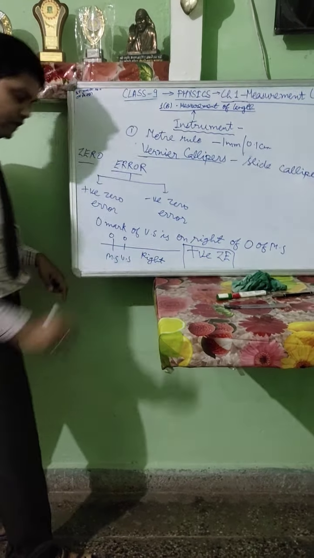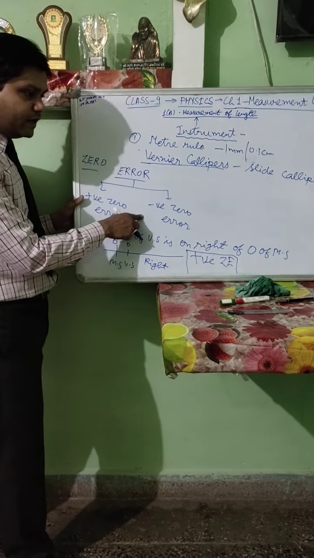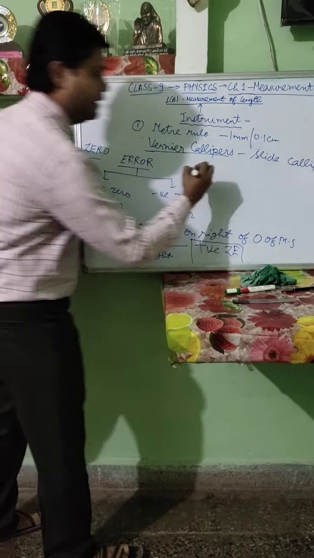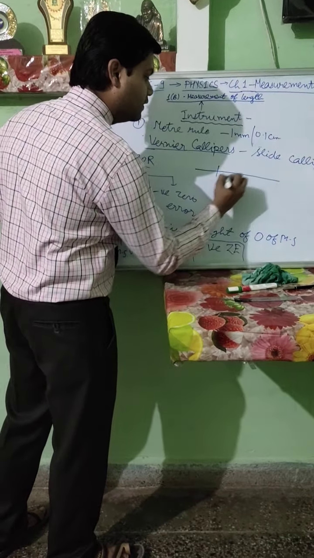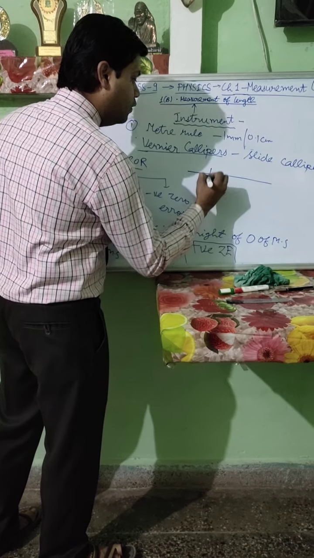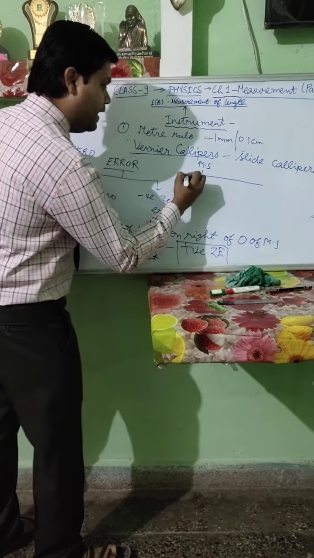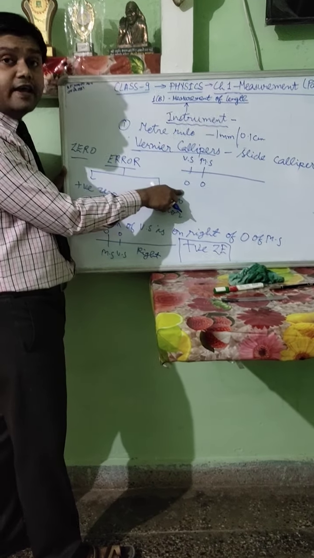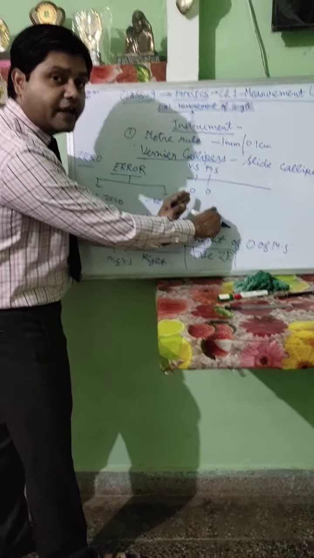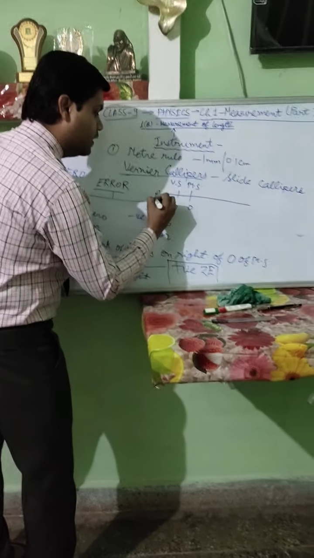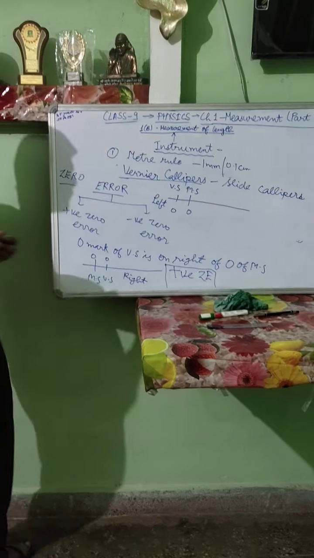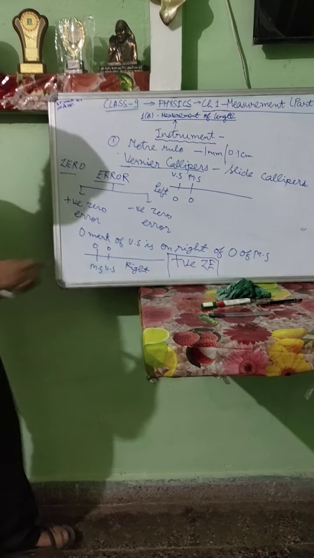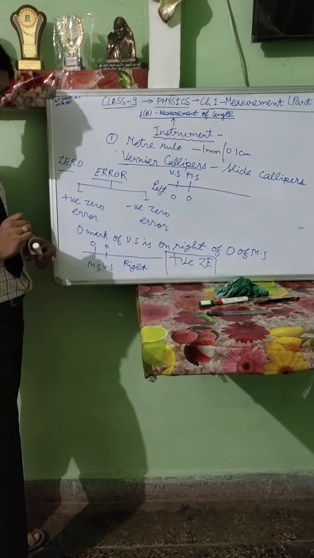And for negative zero error, if the zero mark is on the left side, this is 0 of the main scale and this is 0 of the vernier scale. So the 0 of the vernier scale is to the left of the main scale. Therefore, this is said to have negative zero error. Positive zero error and negative zero error.